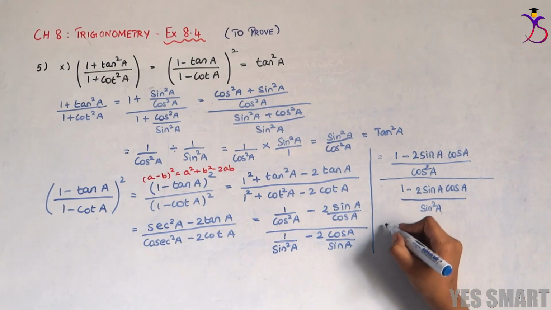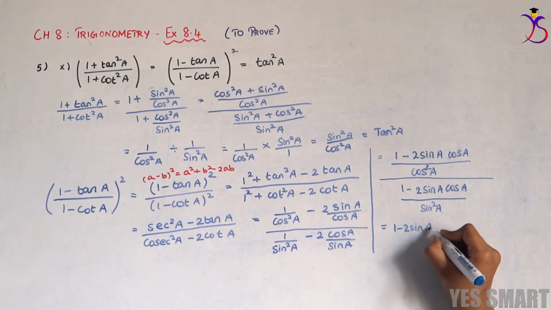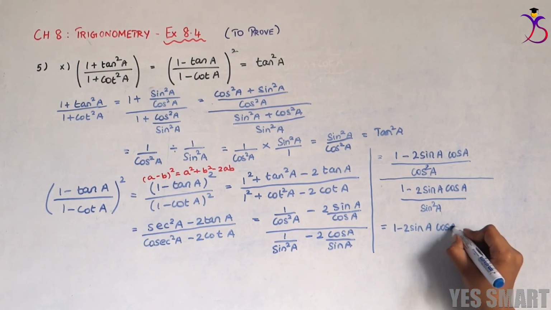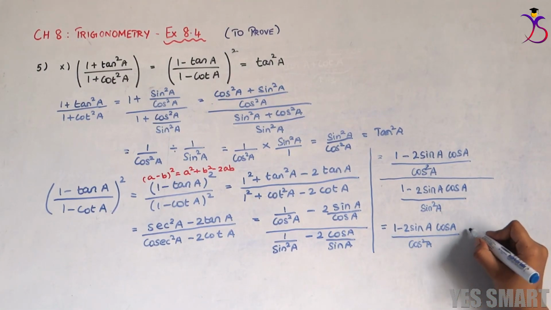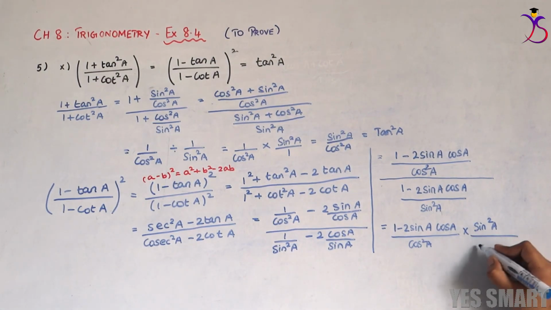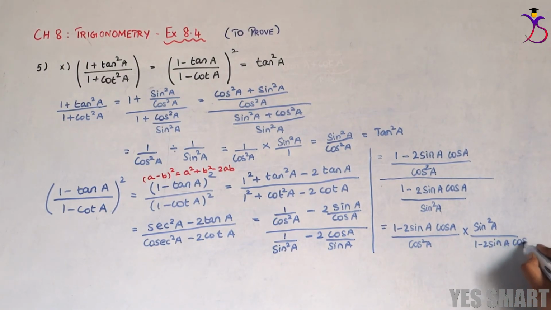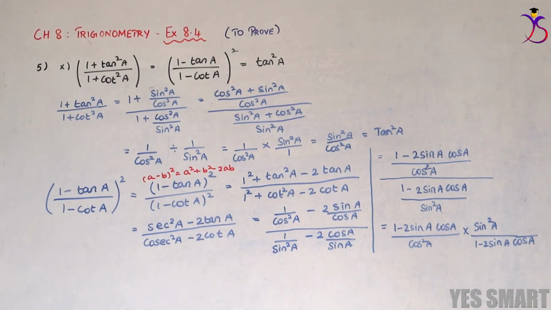Now we will solve this by reciprocating it. 1 minus 2 sin A cos A divided by cos square A into sin square A by 1 minus 2 sin A cos A. We have just reciprocated the denominator to change the sign from division to multiplication.